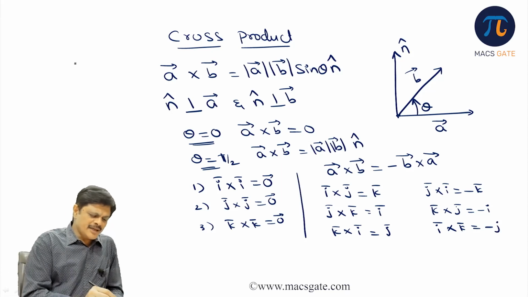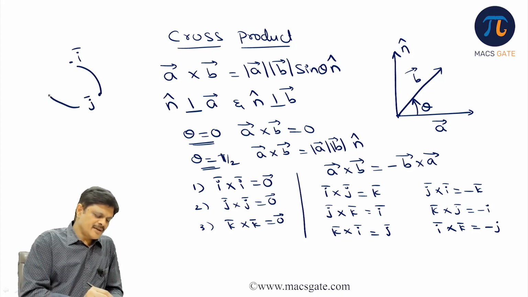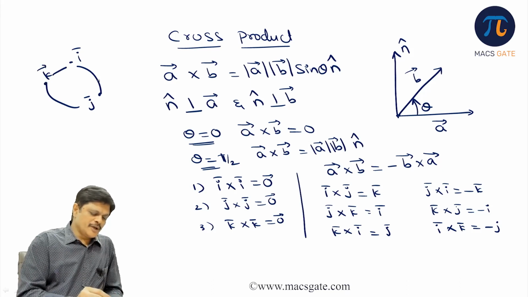Generally we remember it like this: i bar, j bar, and k bar. When you multiply in the clockwise direction, you get the next one with a positive sign. That is, i cross j is k bar, j cross k is i bar, and k cross i is j bar.